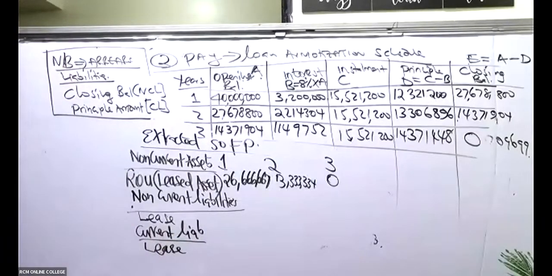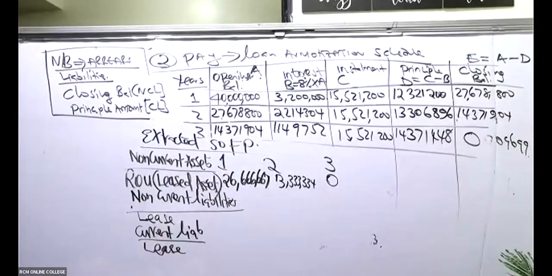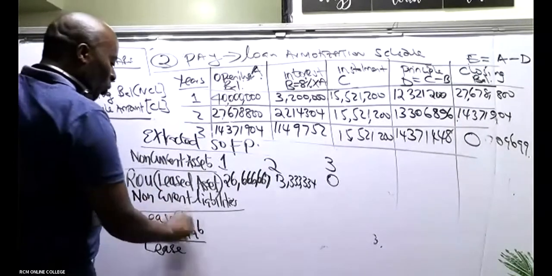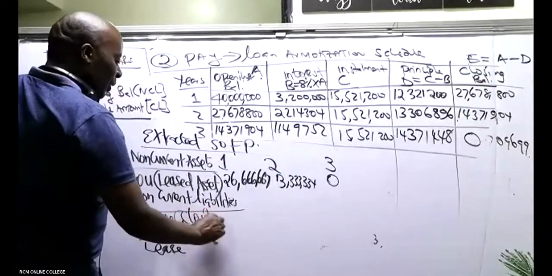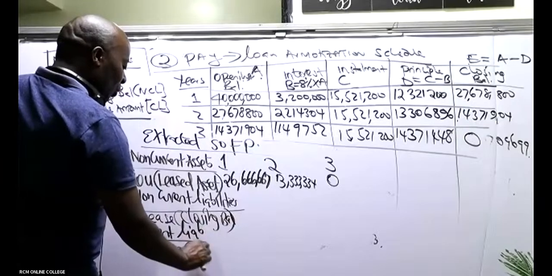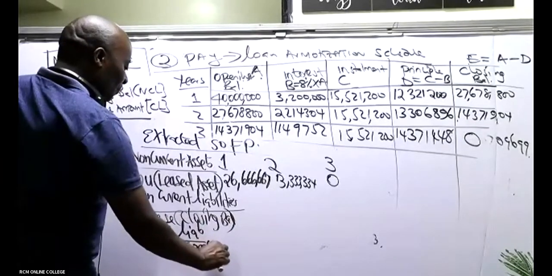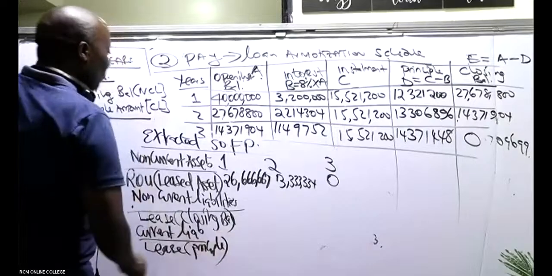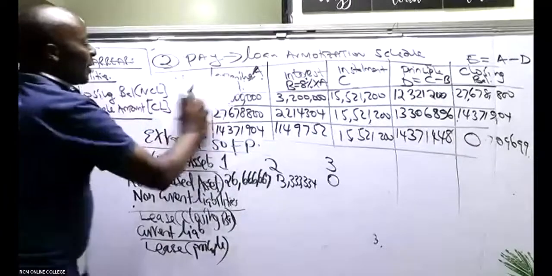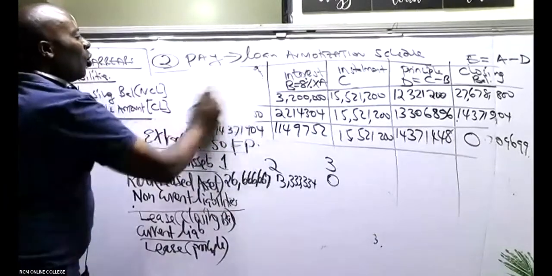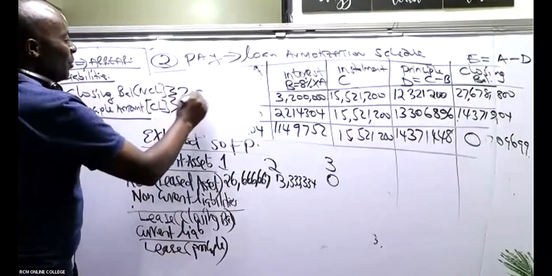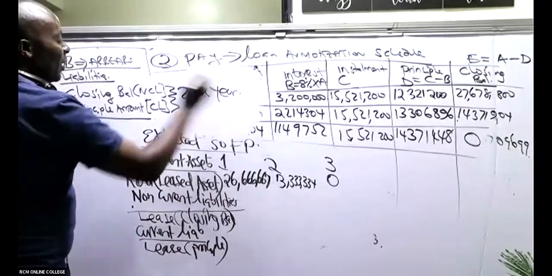Here you're going to pick the closing balance, and here you shall pick the principal amount. But remember, you will start from the second year. The figures you pick will always be from the second year.